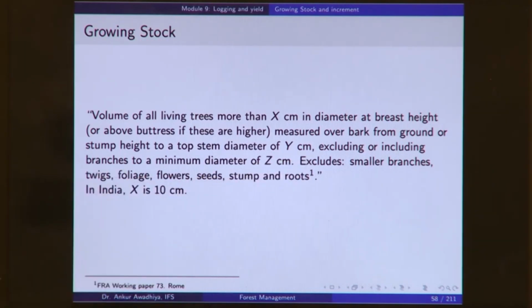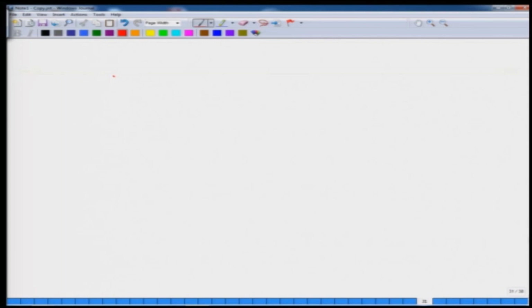Whatever biomass remains is a part of the growing stock. So, you do these measurements for the first tree, and let us say that the volume of the first tree is V1, for the second tree is V2, for the third tree is V3, and so on till the nth tree, and you sum these up and this is the growing stock.